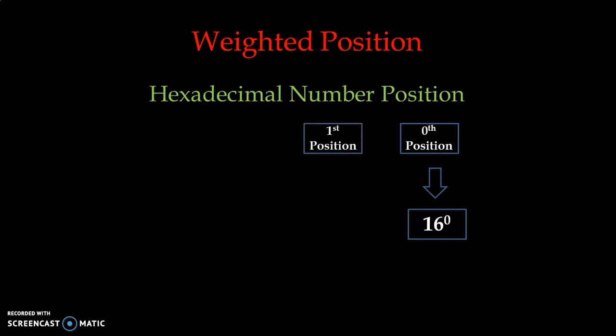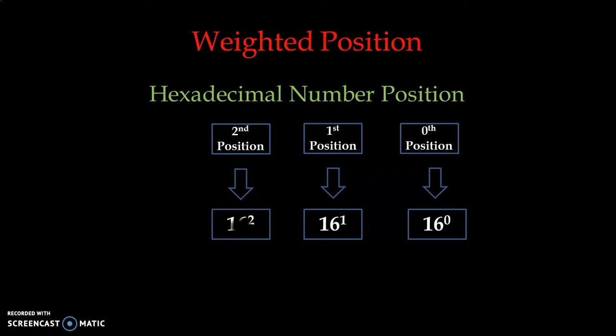Then for the first position, again the base remains constant, that is 16, the power changes, and accordingly, as per the position, the value of the number changes. For the second position we have 16 raised to power 2. For the third position we have 16 raised to power 3. Similarly, when we travel from right to left, the value based on the position will increase. This is known as a weighted position.